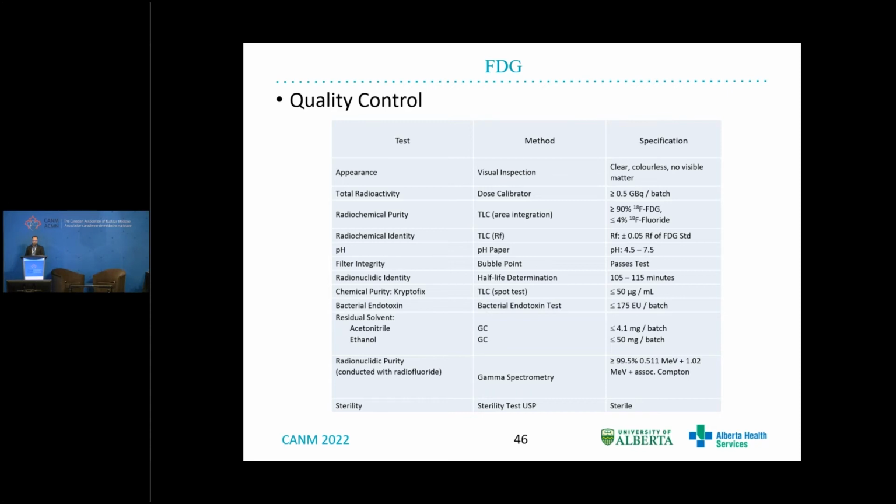We do a radionuclidic identity using half-life measurement. So we basically make sure the half-life is somewhere between 105 and 115 minutes. We do a chemical purity test for Kryptofix.